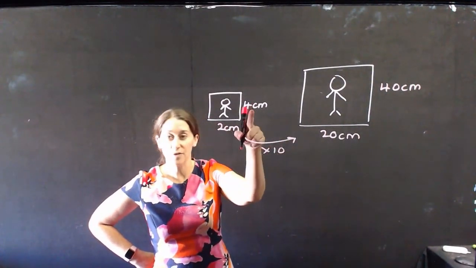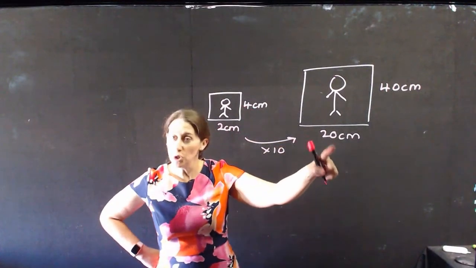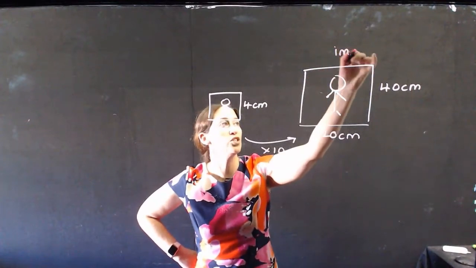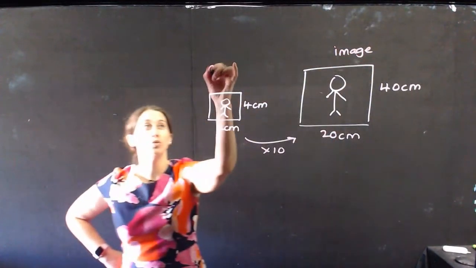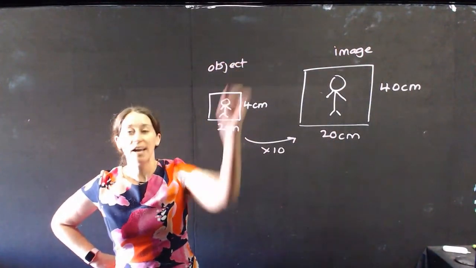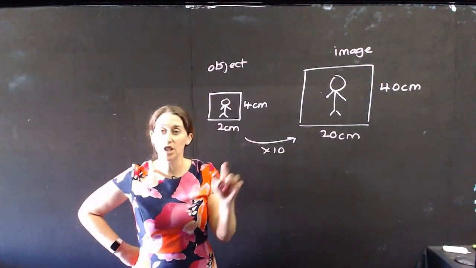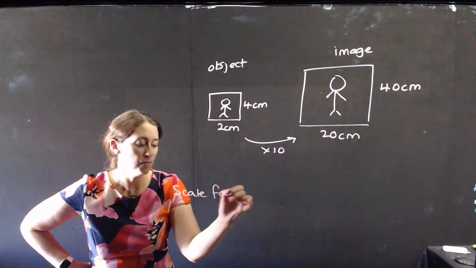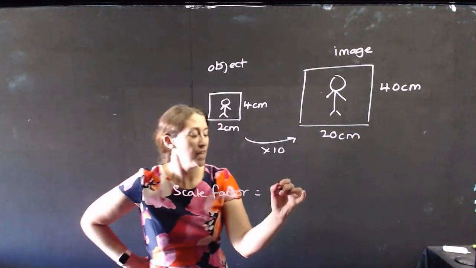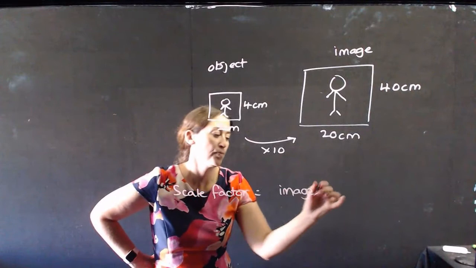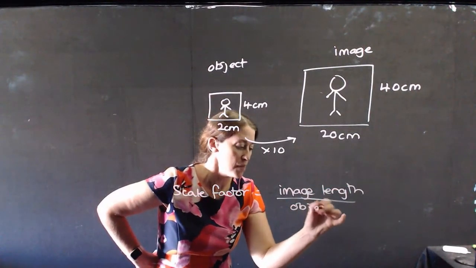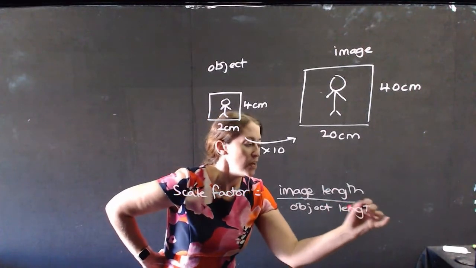Multiply each of the lengths by 10 and we get the new lengths of the new image. So this would be called the image, and this was our original object. The scale factor between an image and an object is the image length divided by the object length. And that's really important to work out the enlargement.